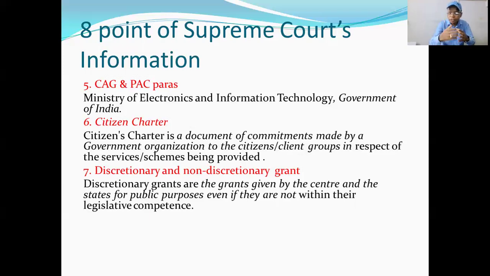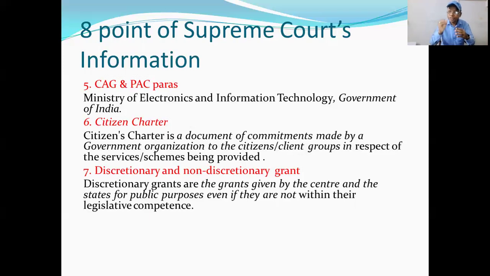Then we come to the next point, point number 7, that is discretionary and non-discretionary grants. First of all, we shall discuss what discretionary grants are. Discretionary grants are the grants given by the center and the state for public purposes.